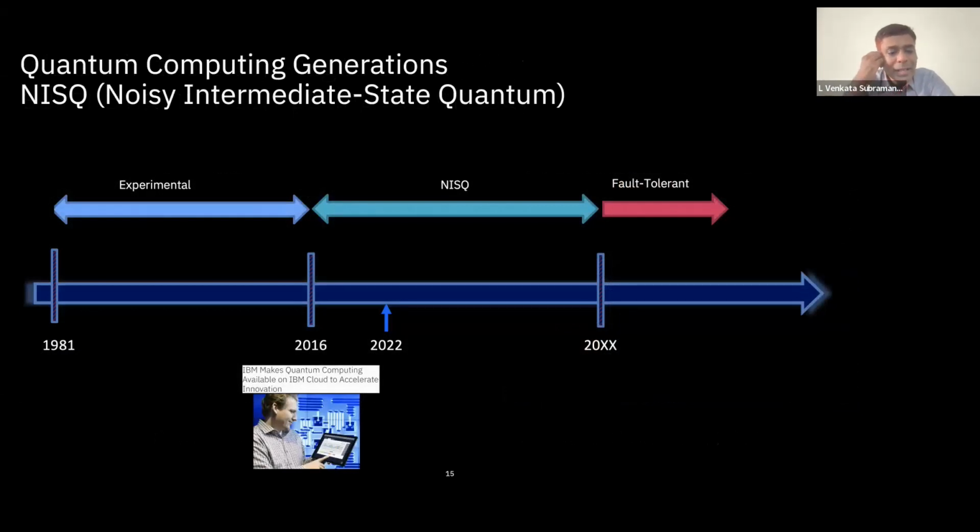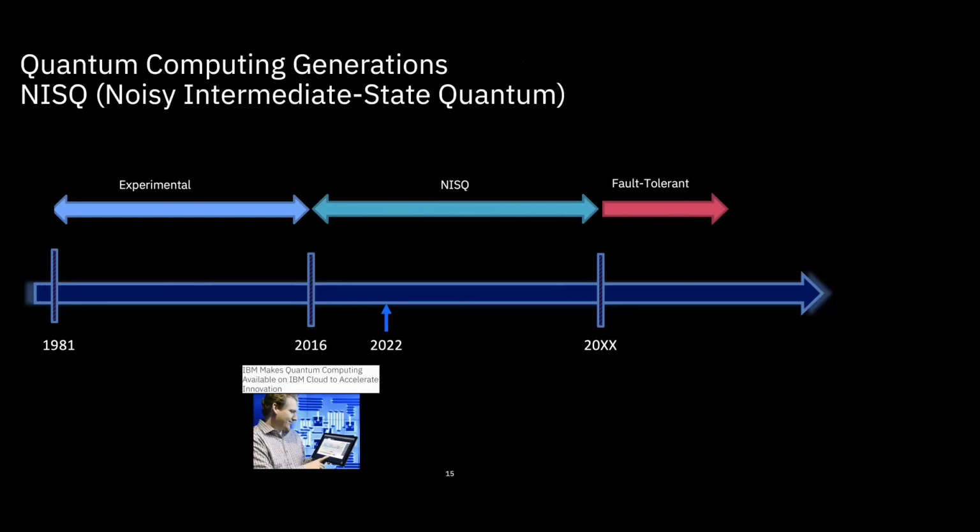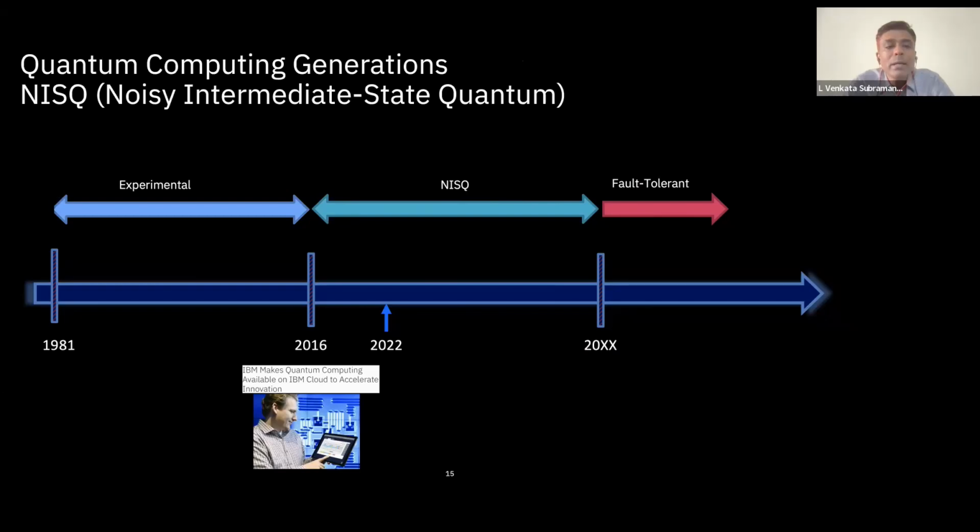So it was in the 80s that research in this area started to build these quantum computers. From 1981 to 2016 is the phase that we call the experimental phase.